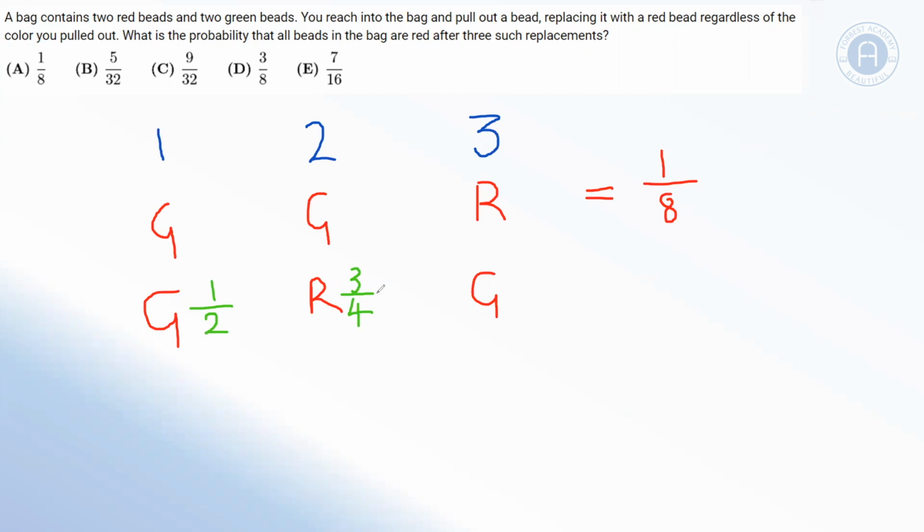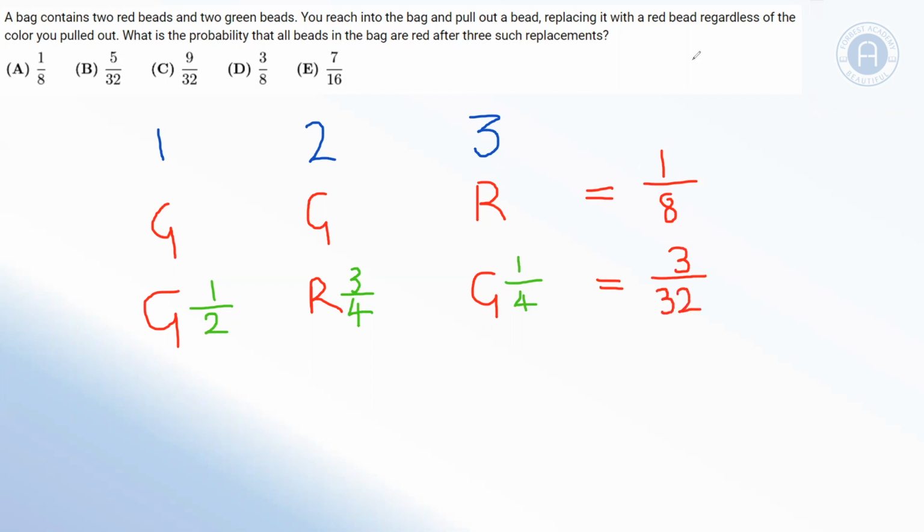So we can see how pulling that red out earlier has changed its probability. And the probability of the green was again 1 over 4. So our 2 probabilities for the greens don't change, but because we're changing the number of red beads in the bag, depending on when we pull out that red bead, that's what's making this very conditional. That's what's making it more difficult to work out. So this is going to give me a probability of 3 over 32.